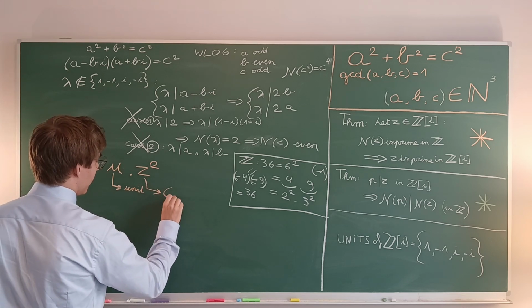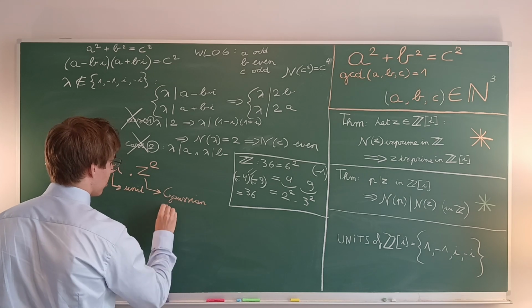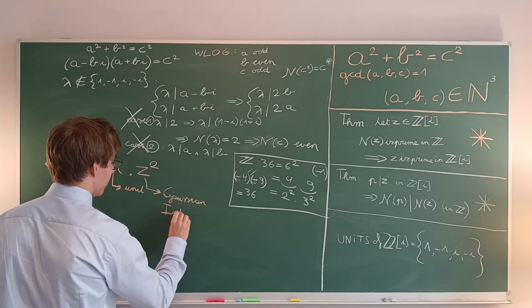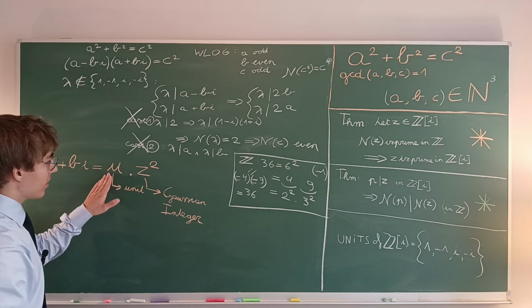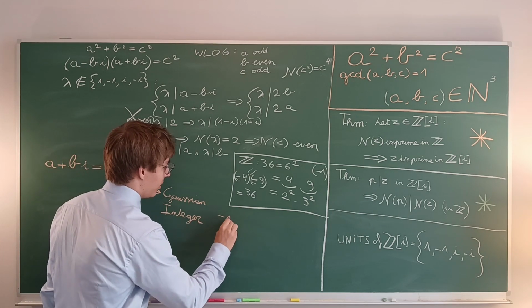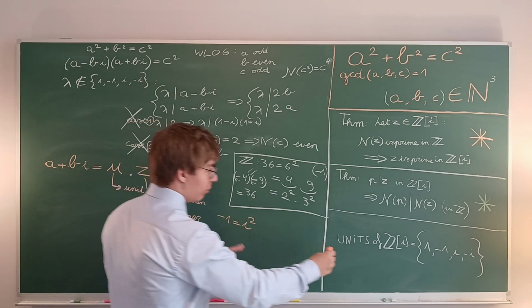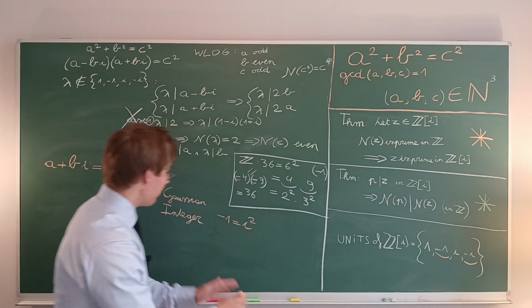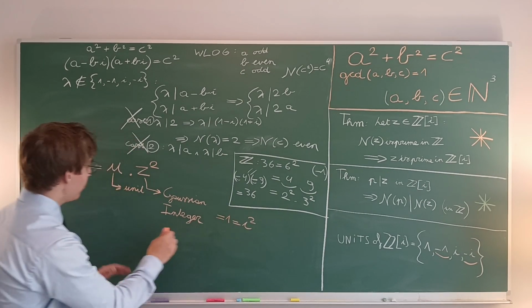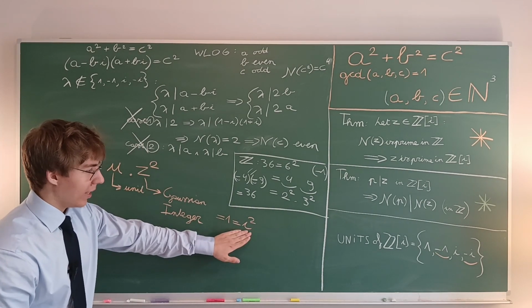So this is a Gaussian integer. But now since minus 1 is equal to i squared, if the unit would be minus 1 or minus i, we can bring the minus sign into the square by multiplying z by i.